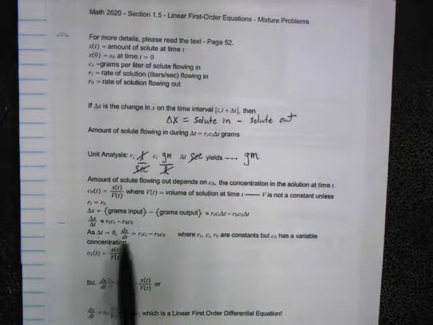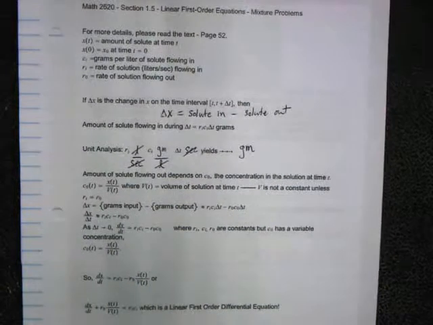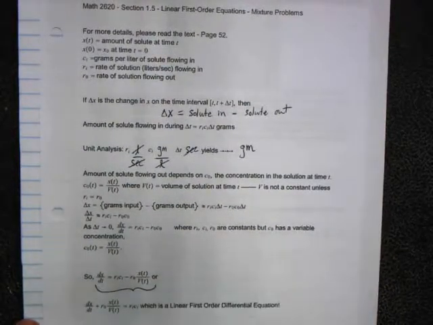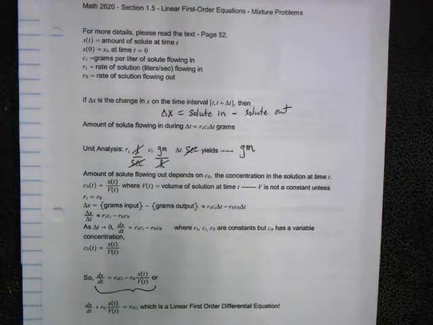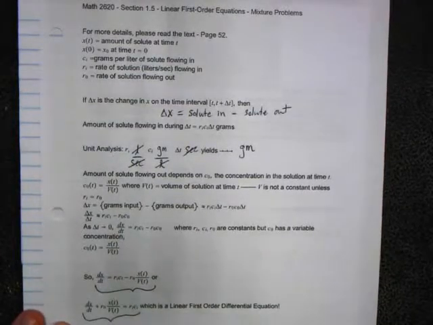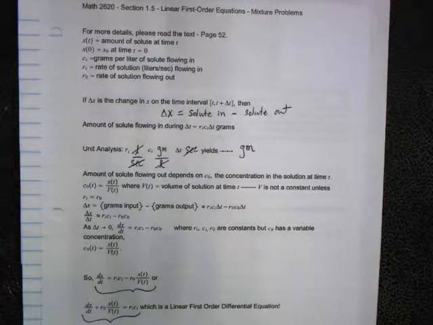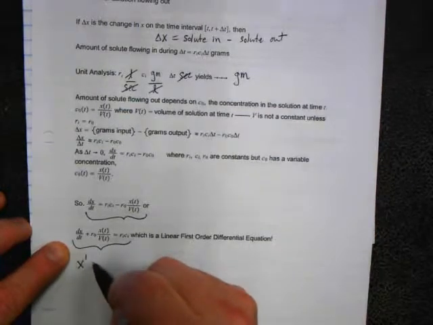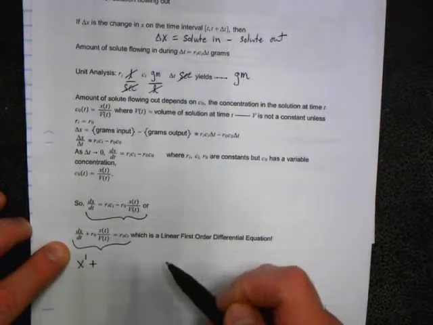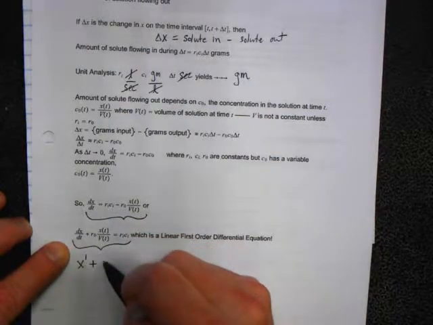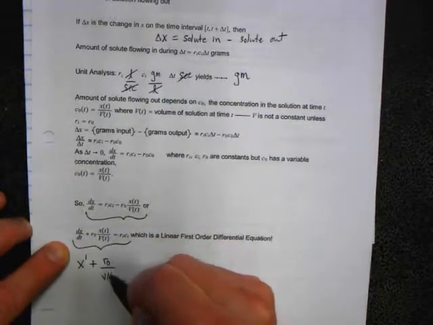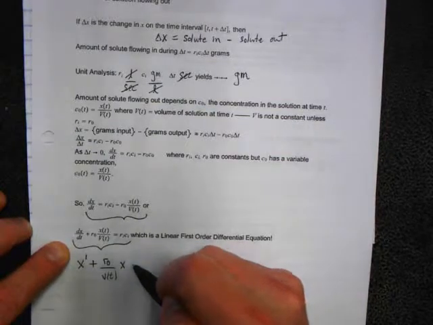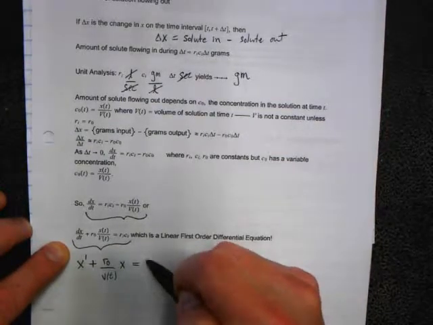And if we let delta t go to 0, we finally get down here a differential equation, or more importantly, we usually write it that way. And we notice that this is a linear differential equation. Because we have here x prime plus some variable, r0 over v of t, times x equals a constant.